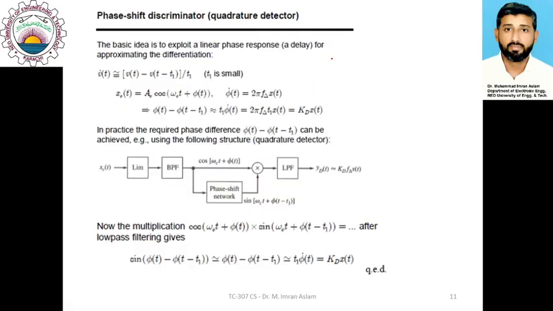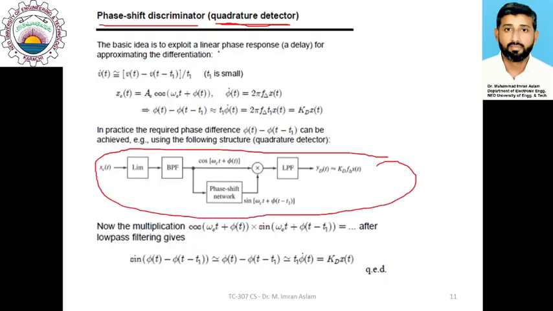The second scheme that we use for detection is called a phase shift discriminator, or sometimes we call it a quadrature detector. So what is a quadrature detector? In order to understand the principle of this quadrature detector, we need to focus on this network which is illustrated here.